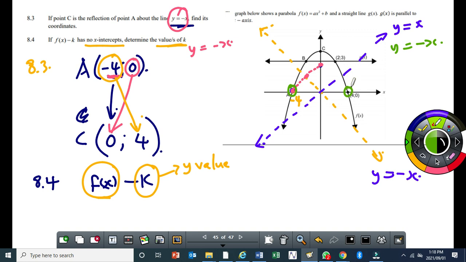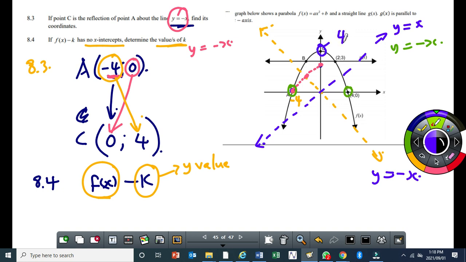What value of k will make this graph not have any x-intercepts? All right, now in this case, I want you to be aware that the only way that you cannot have x-intercepts is by moving this graph. I hope you know that the y-intercept here is a 4.